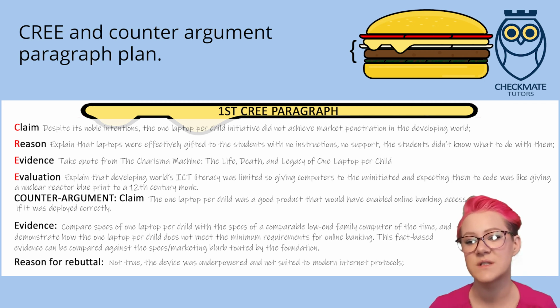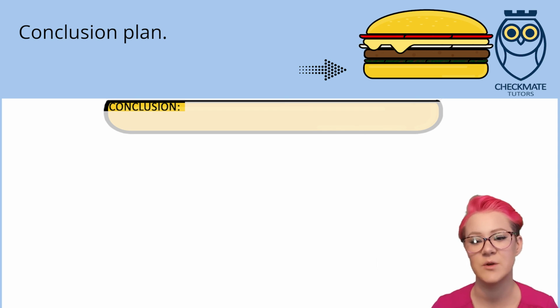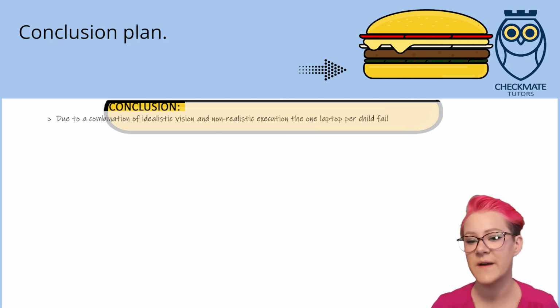Finally, moving on to the conclusion section of the plan, you simply need to sum up your argument without introducing any new points. Again, this should be a list of points, not a full paragraph. So in my example, this paper has proven that, due to a combination of idealistic vision and non-realistic execution, the one laptop per child failed to put laptops into the hands of children in the developing world in a meaningful way.